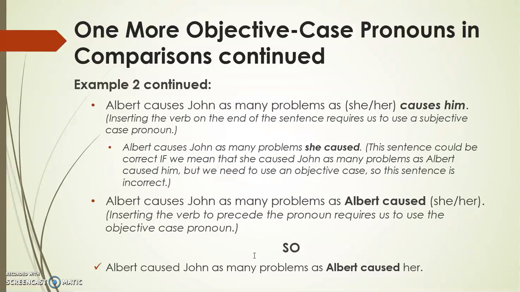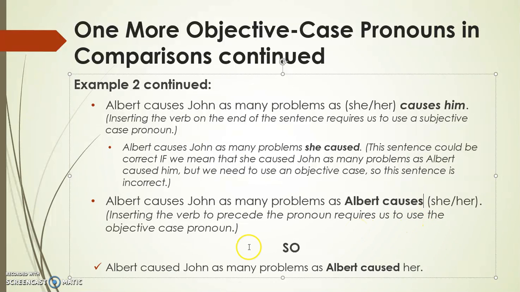If you mean that she causes John as many problems as Albert does. But you may mean that Albert causes John as many problems as Albert causes her. So if that's the case, you would need to use her. So I ended this sentence, finally, saying, Albert caused John as many problems as Albert caused her, because I think that makes more sense. But both could be correct. You have to know what you mean.